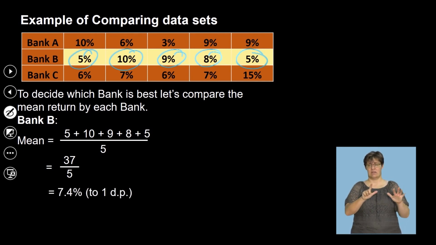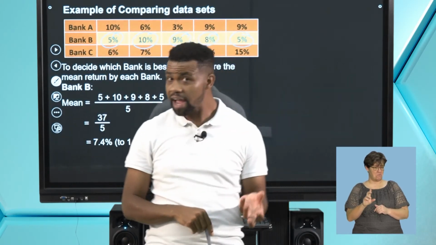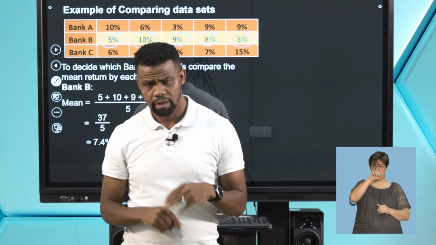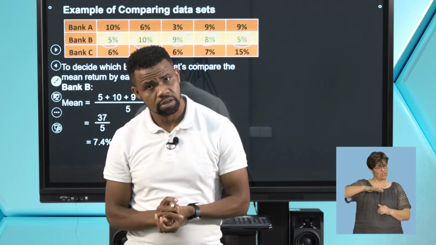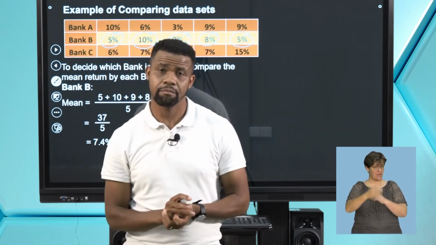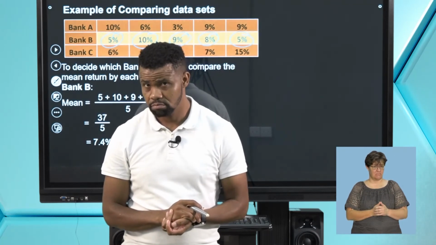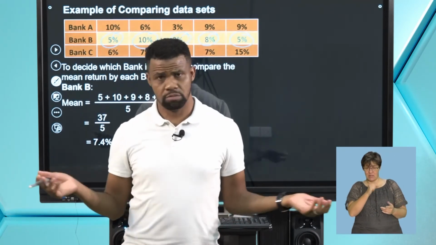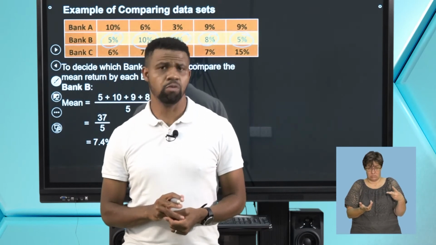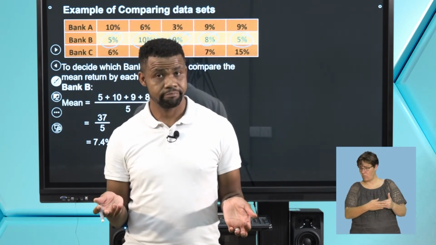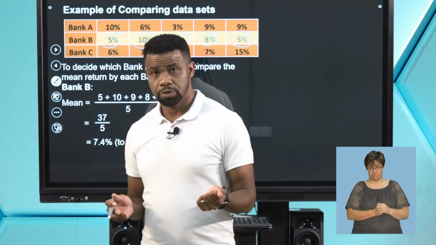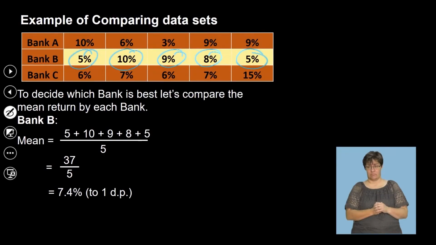Interesting. Bank A and Bank B, the average in the past 5 years is the same. Does it mean it doesn't matter which one I choose? Or we must explore more? Okay, let's look at Bank C.